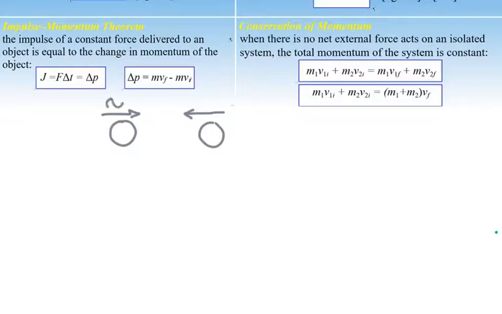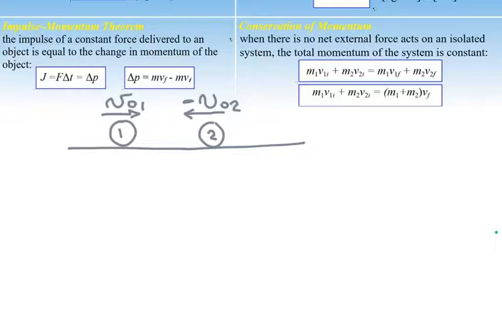this is the initial velocity of the first one, and this is the initial velocity of the second one. In this case, you have to make sure that one of them is negative, and you choose which direction you want to be positive and which one is negative. So this is mass 1, this is mass 2, and there are different ways they could collide.